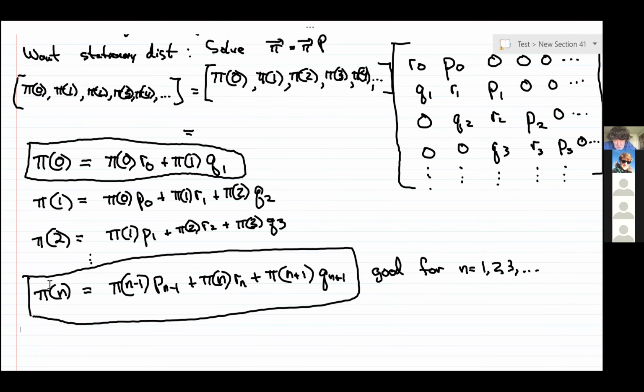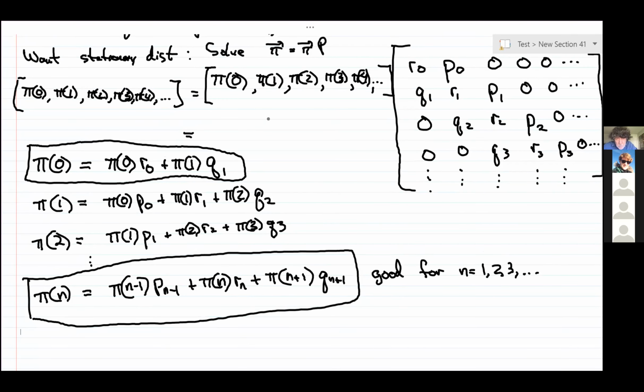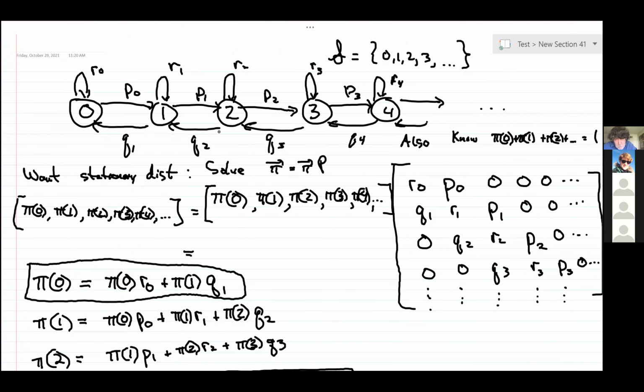Go back to the picture. So what do you know about, as long as you're at 1 or right, it follows that what? Qn plus Rn plus Pn would always equal 1. And this is good from when? From n equal 1 onward. Why? Well, hey, just look at it.